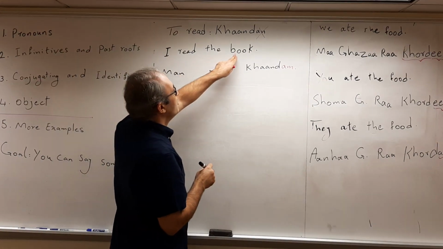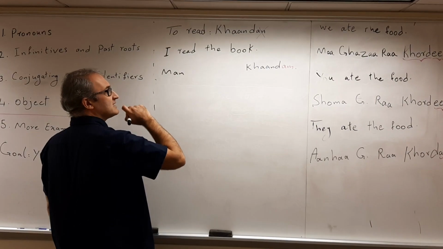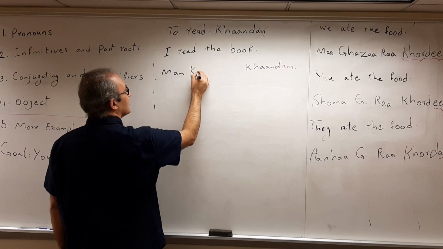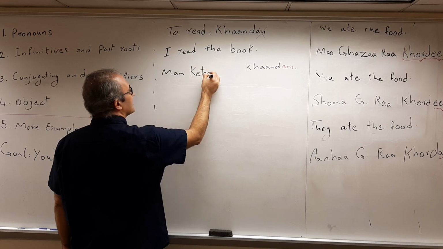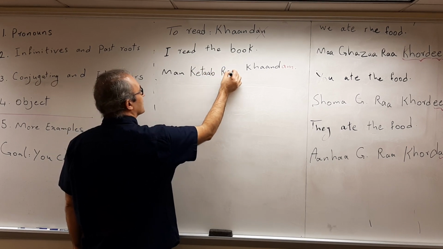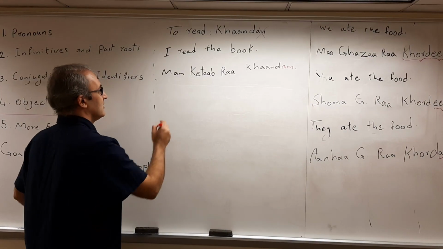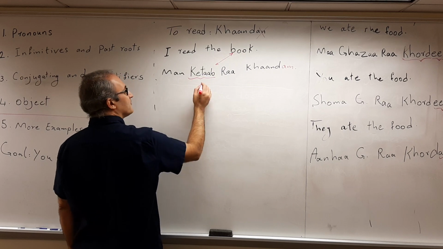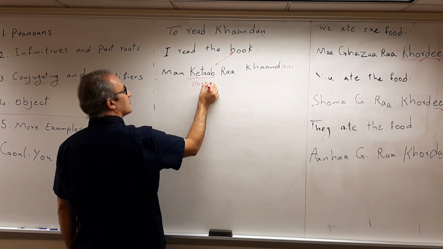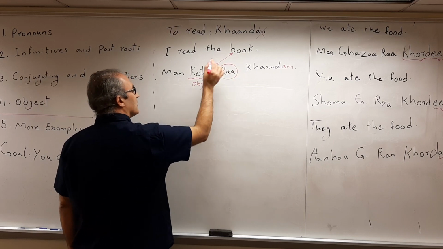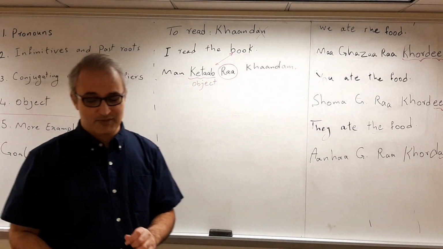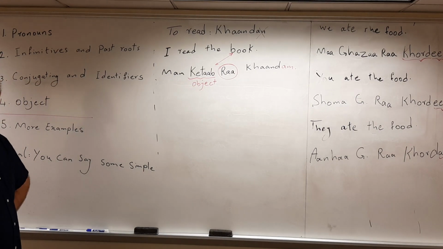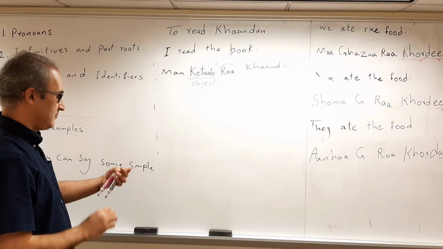I read the book. Book in Farsi is kitab. Man kitab. Ra khandam. So kitab, book, is object here. And the ra is a sign of object. Okay, I read the book. Man kitab ra khandam.